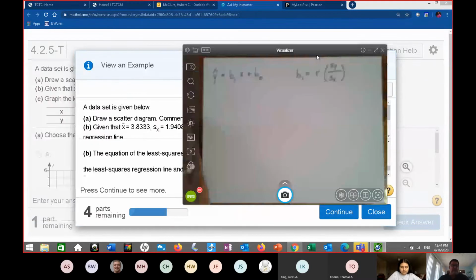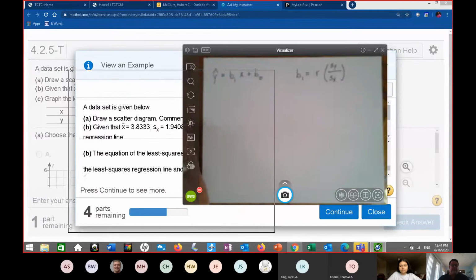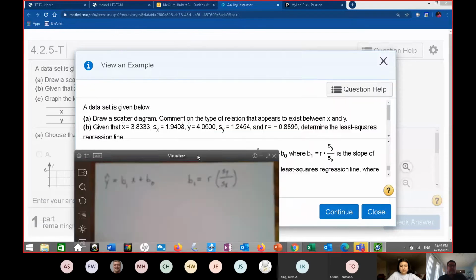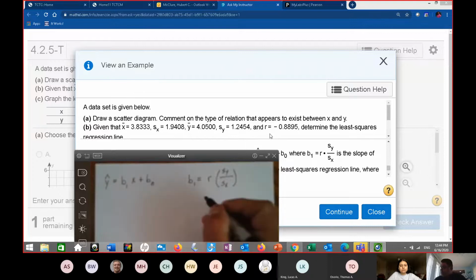Now let's see if we can go ahead and do that. So we've got s of y, which is 1.24, and s of x and r. So let's go ahead and do b sub 1.